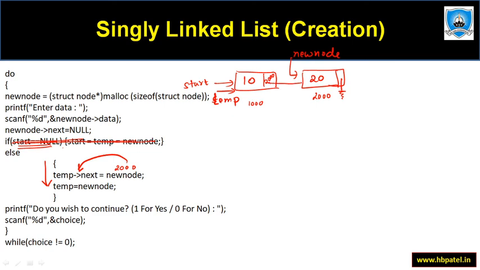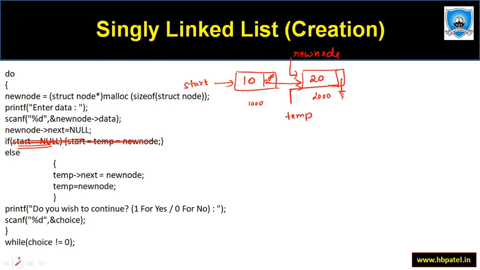So now temp arrow next is pointing to it, and temp equal to new node. So 2000 I am going to put in temp. Earlier temp was 1000, now I am moving temp to the next one. So now I can erase temp from this particular place. Now this is the situation over here.